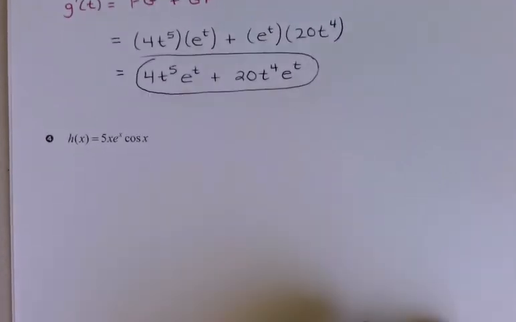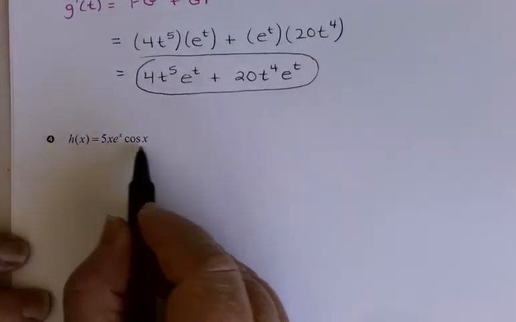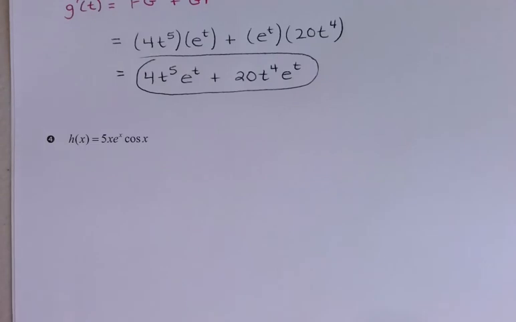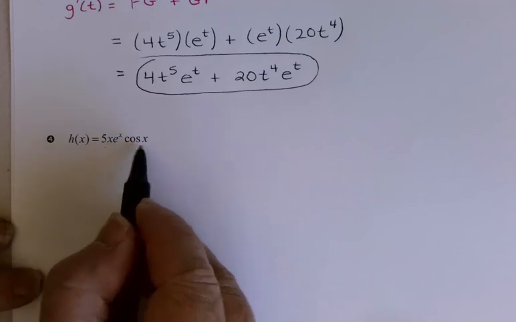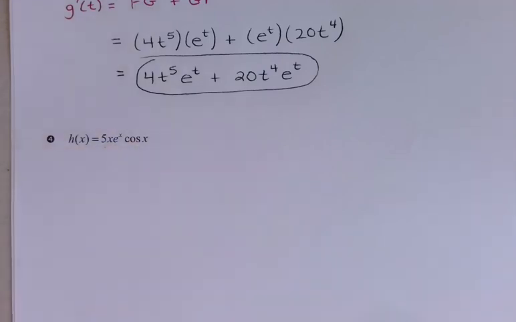All right, one more product rule problem. In number 4, we have our h of x here, and if I think about what the factors of this product are, I can really see 3 of them: 5x, e to the x, and cosine x.